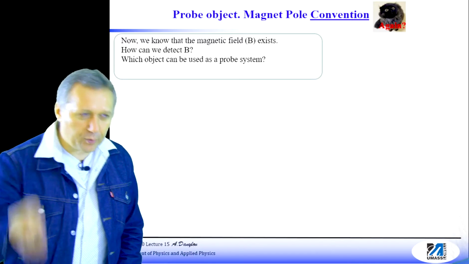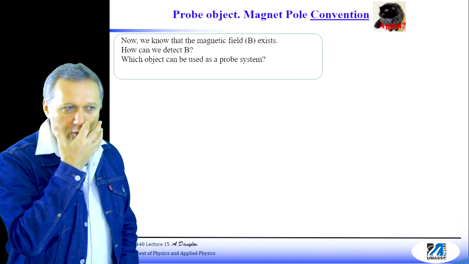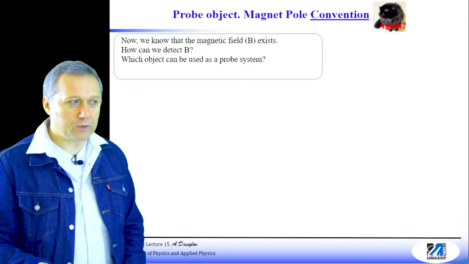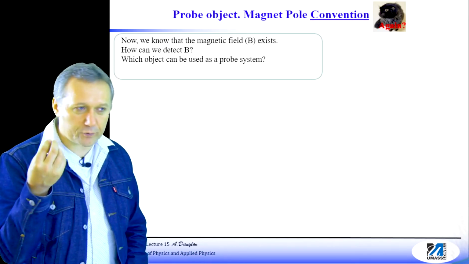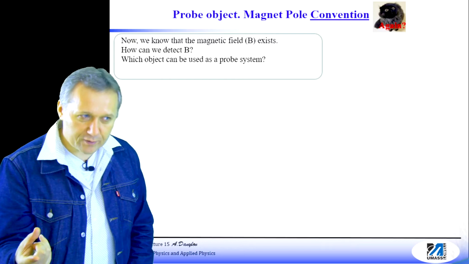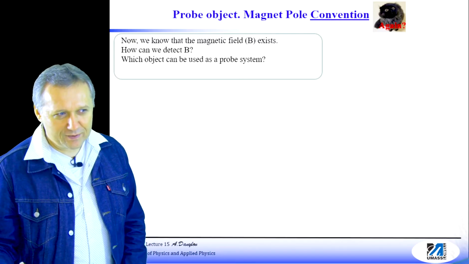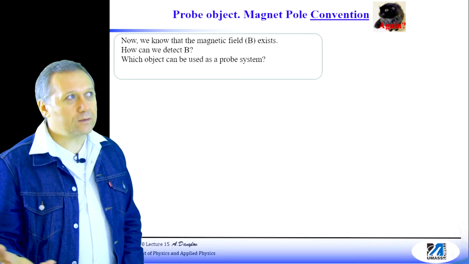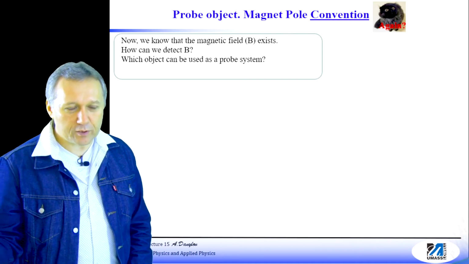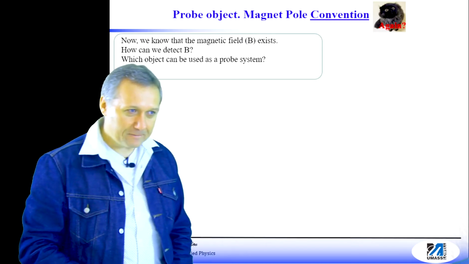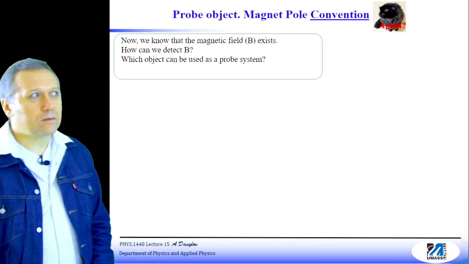A small positive probe charge. So that was our probe system. Now we have to come up with something similar in this world. And of course, that probe system must first respond to the presence of the magnetic field. Second, it must be reasonably simple. And last, it must be small so that we would not disturb the system which creates this magnetic field. So what can that be?